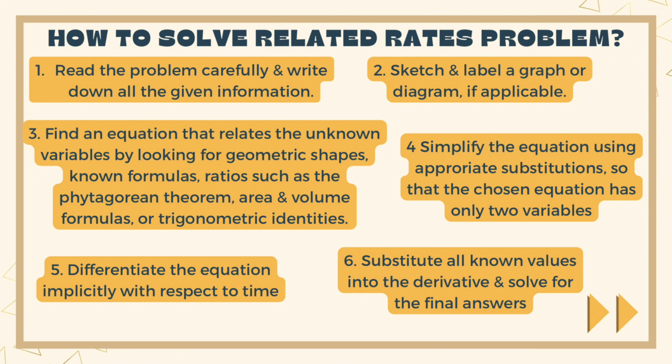The fourth one is simplify the equation using appropriate substitution so that the chosen equation has only 2 variables. The next one is differentiate the equation implicitly with respect to time. The last one is substitute all known values into the derivative and solve for the final answer.